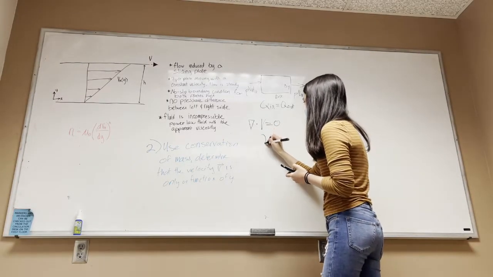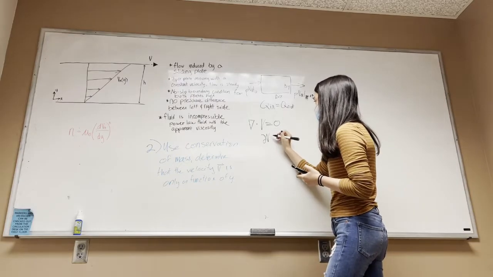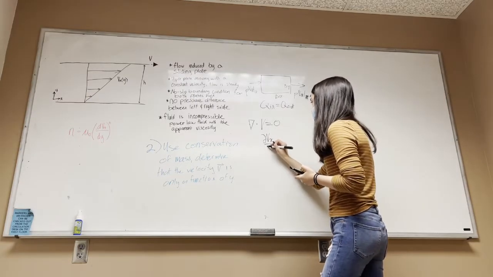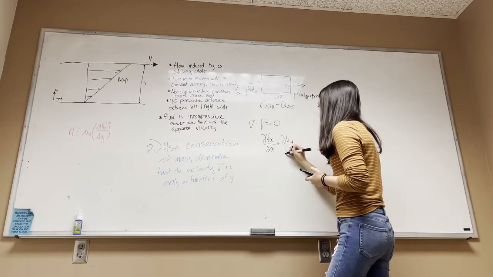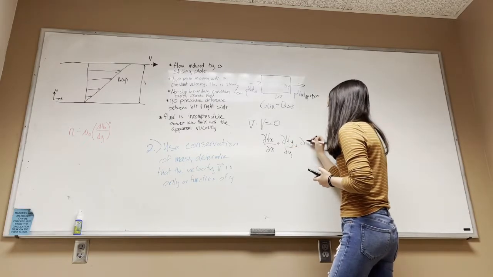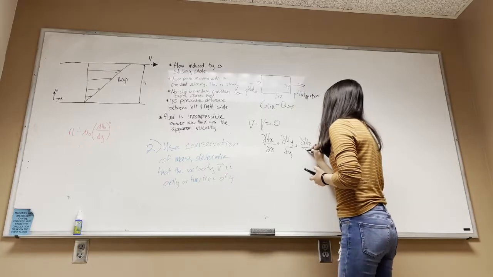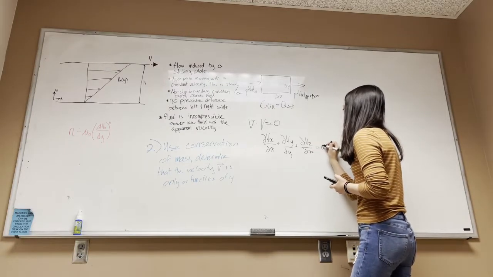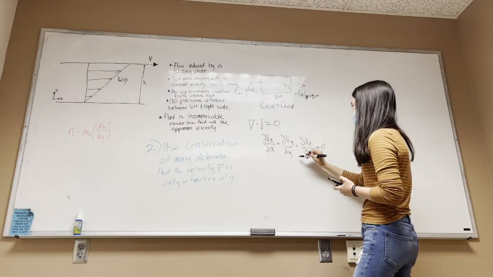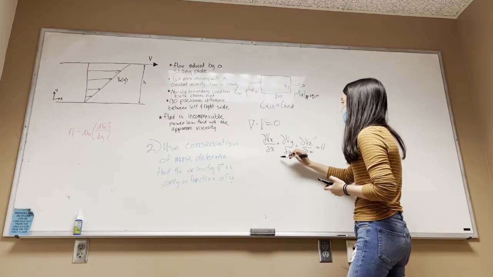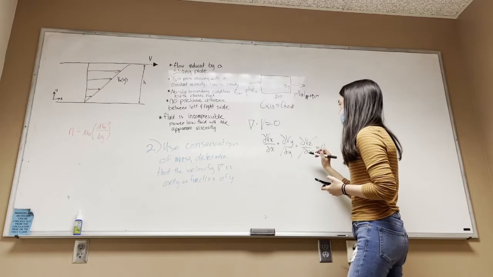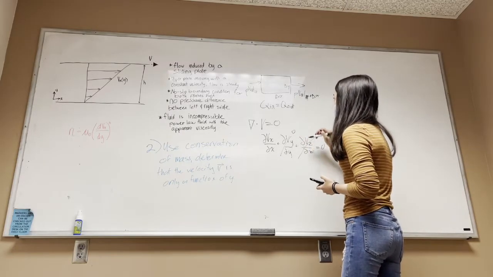And expanding that, we get the partial Vx over partial x plus partial Vy over partial y plus partial Vz over partial z equals 0. Because this is 2D, there's no z direction, and we know that the velocity in the y direction is 0.